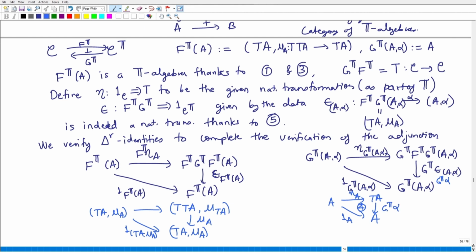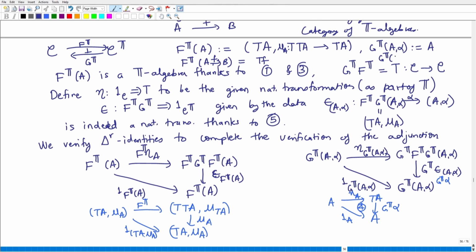What is F^T? Okay, did we describe F^T on maps? Yeah, okay. So maybe I forgot to mention that. I should do that, like F^T on (A, α) to (B, β), A to B. Yeah, this is something I forgot, so I should mention that. It is just Tf. Okay, F^T is just Tf, and what is G^T?